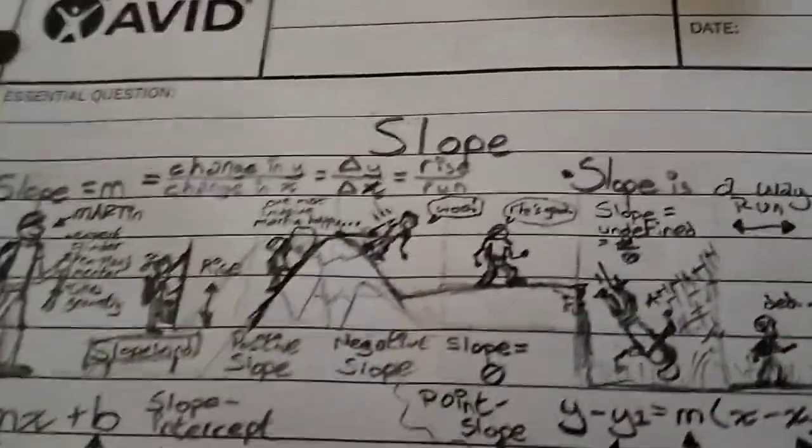This slope intercept would be where maybe Martin goes to take a break to eat some food, to eat some breakfast.